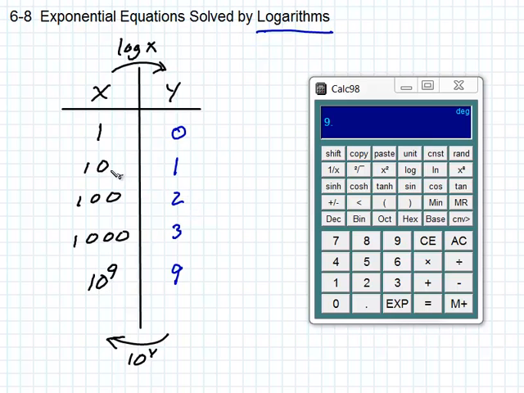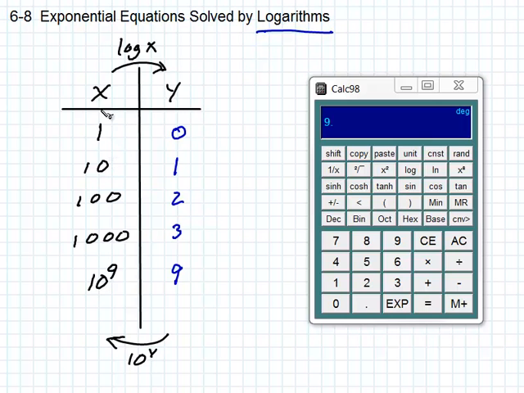Okay, let's take a look at these and see what this log function seems to be doing. Notice that 10 to the first power is 10, 10 to the second power is 100, 10 to the third power is 1,000, 10 to the 0 power is 1, and 10 to the 9th is 10 to the 9th. So it looks like the log is the power of 10 represented by this number. Taking the log of a number tells you the power of 10 that would give you this number.